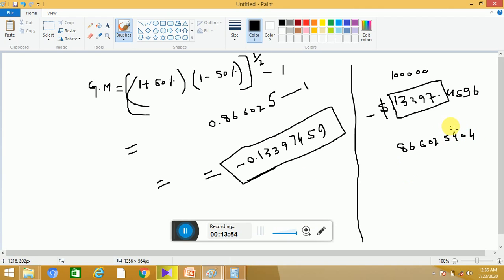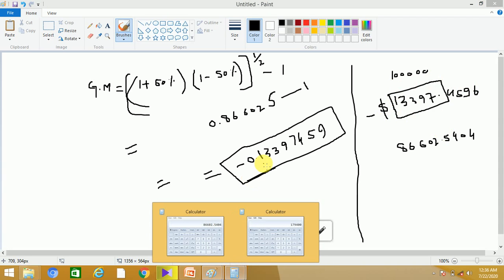Now on this 86,602.5404, again there is a loss of 0.13397459.